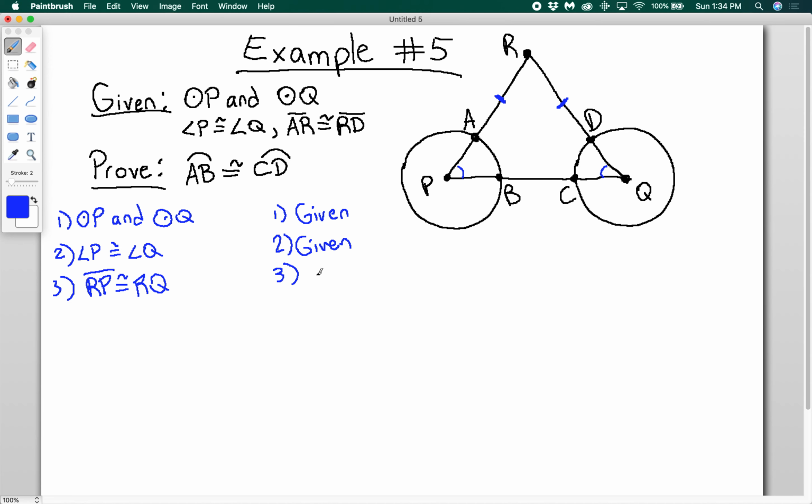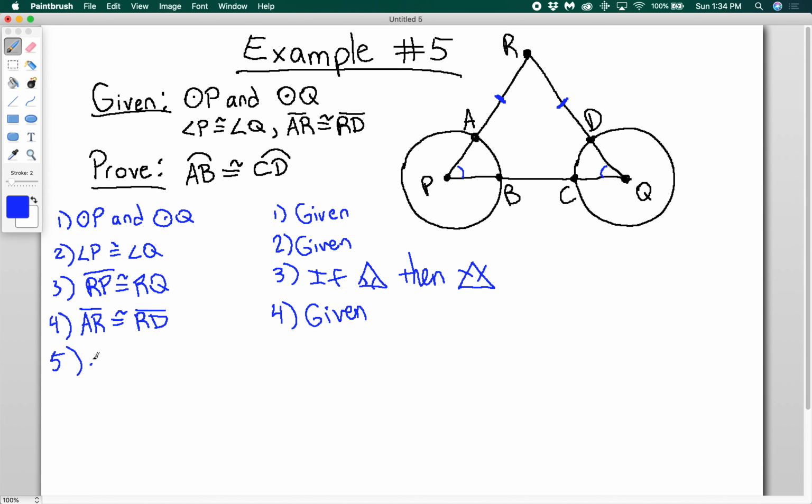And this is because if you have two angles that are the same, then the sides must be the same. Okay. Then I'm going to list my last given, which is line segment AR is congruent to line segment RD. Because now what I'm going to do is prove that PA is equal to DQ just by subtraction, right? So this was a given.